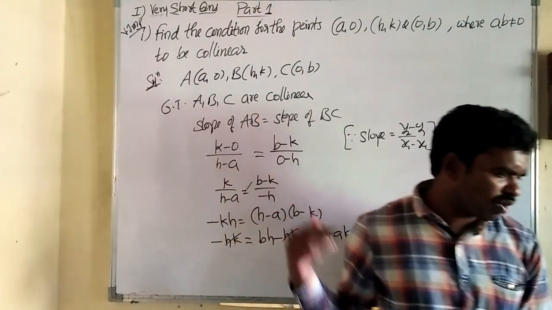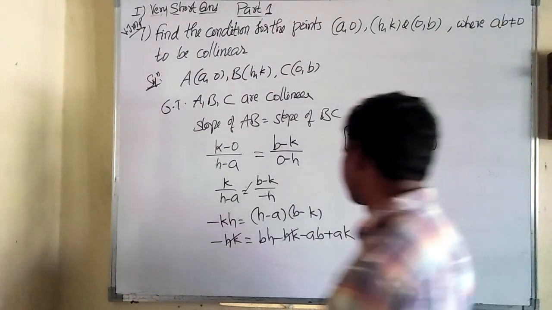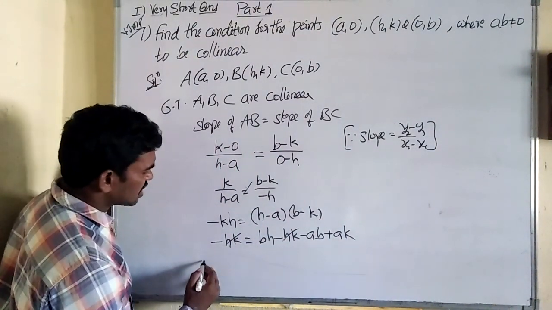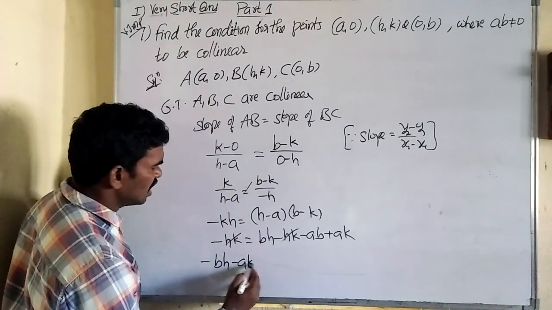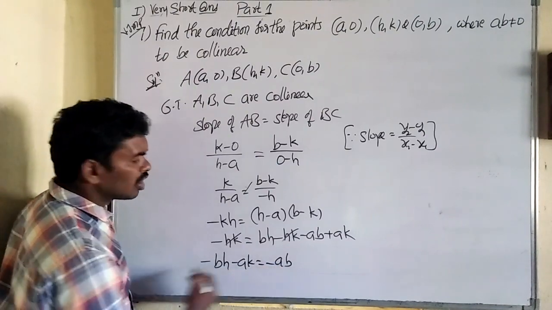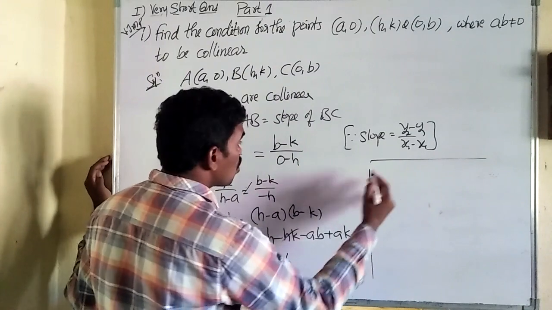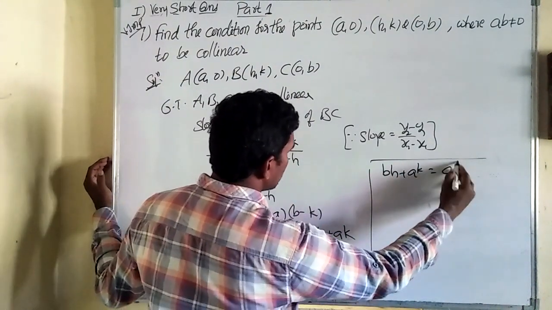Okay, bh sent to the left side becomes minus bh, plus ak sent to the left side minus ak, is equal to minus ab. In all terms you can take minus common. So we can write bh plus ak is equal to ab.